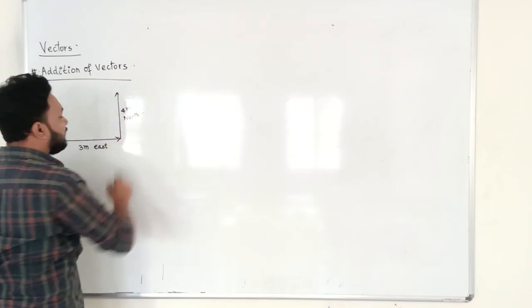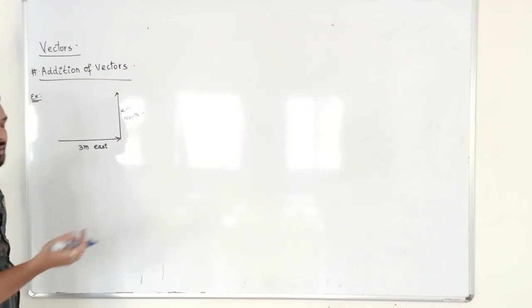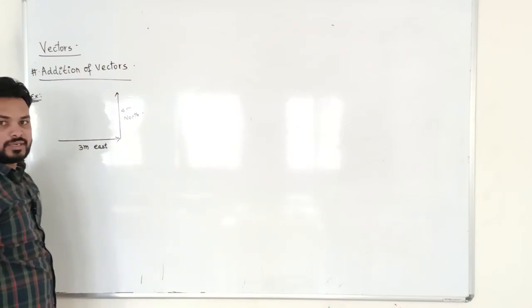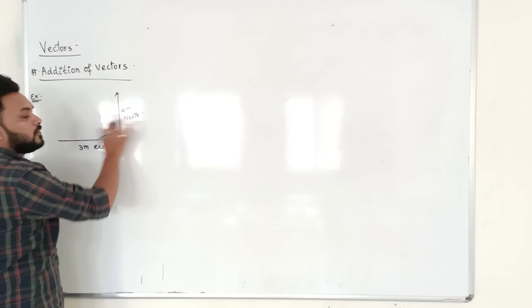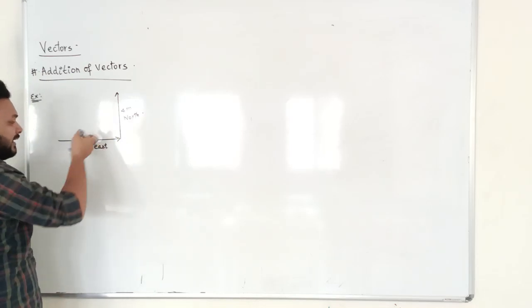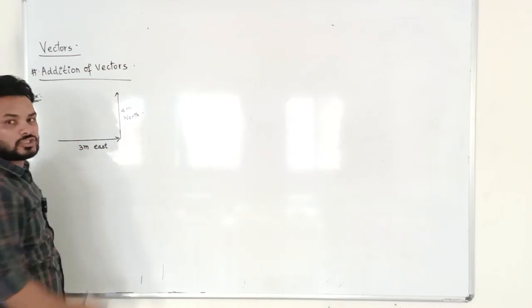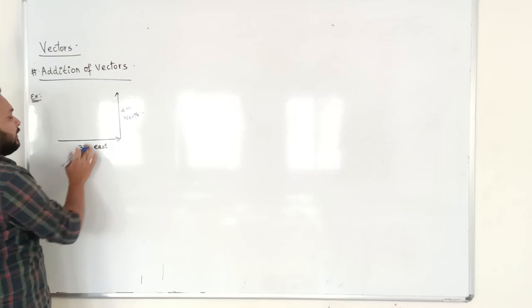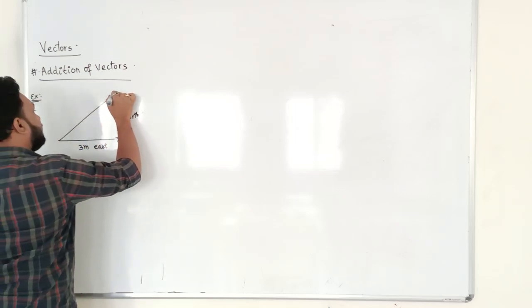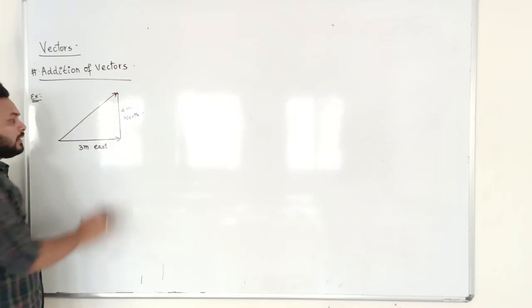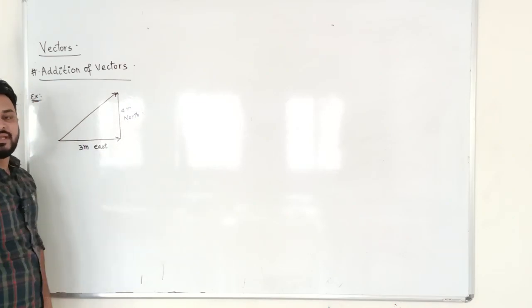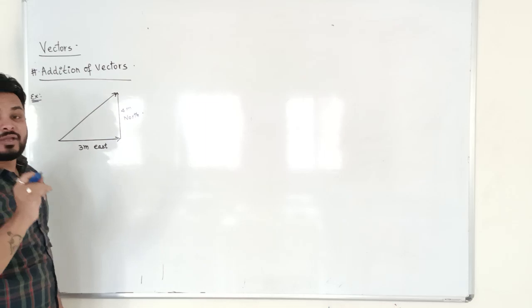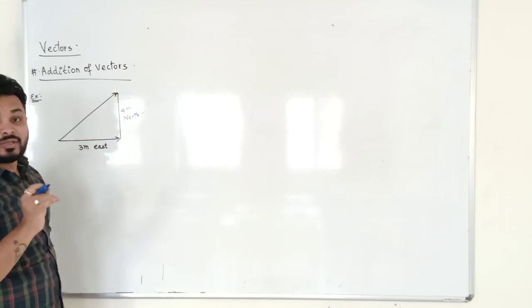If I add these two vector physical quantities, both are displacements, we cannot say 3 plus 4, 7 meter east-north. To understand this, we take the resultant in the opposite order. This type of vector addition we call the triangular law of vector addition.